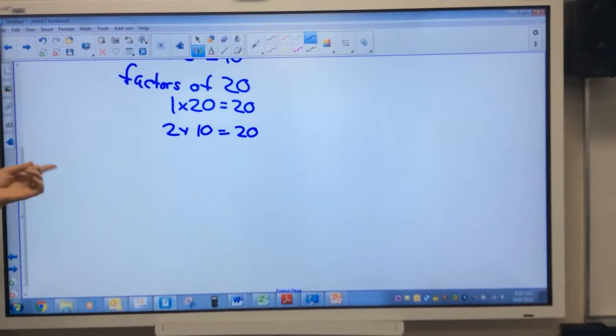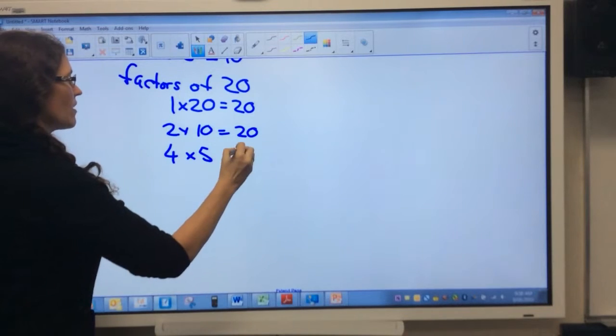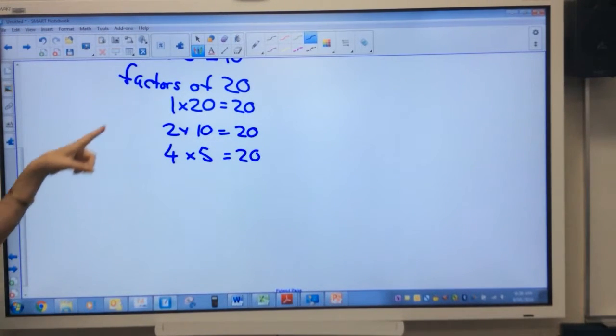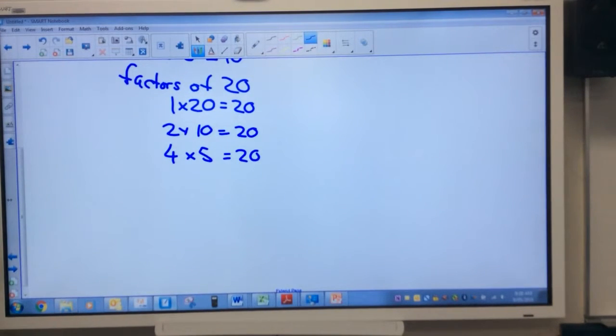Then I'm going to go to 3. Does 3 work? No. Then I go to 4. Does 4 work? Yes. What would it be? 4 times 5. Then I go to 5. Does 5 work? Yes. But I've already got it, which means I'm done and I can stop checking.